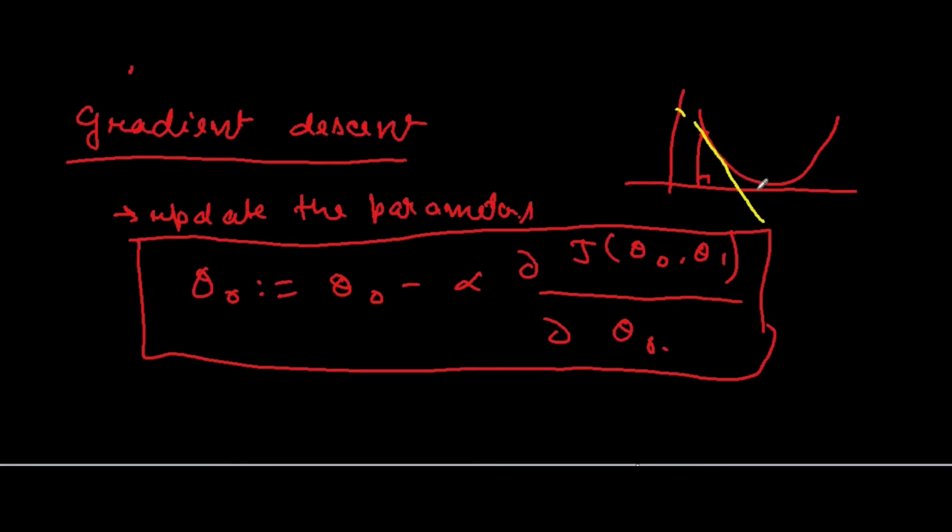The slope is negative, so this negative negative will be positive, so I'll increase the value of theta naught, which will gradually go towards the minima. Now I'm taking a value here, maybe initialize it here, right? So now I'm taking a slope, and the slope is positive, so theta naught minus some value, so the value will be going like this. So initially, and finally we will approach the minima, right?